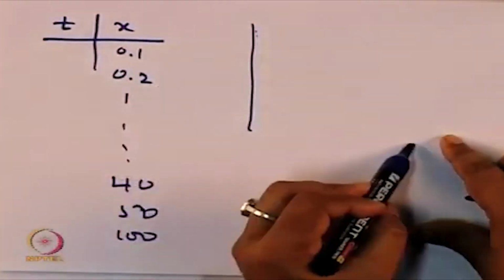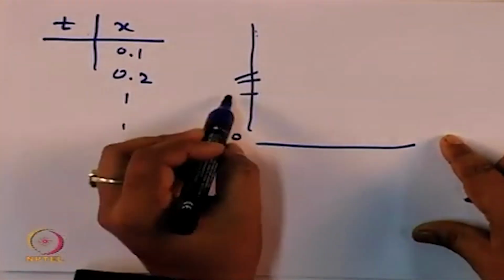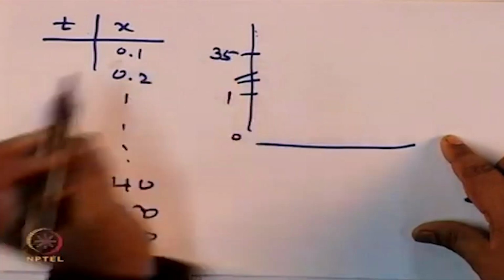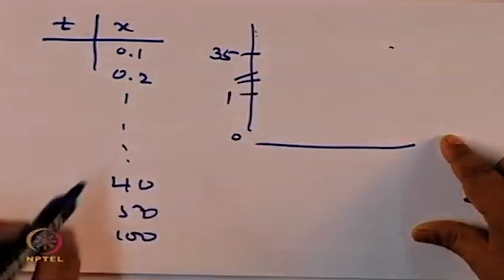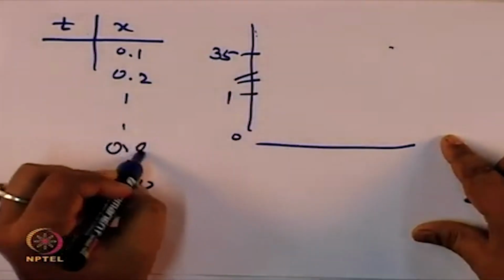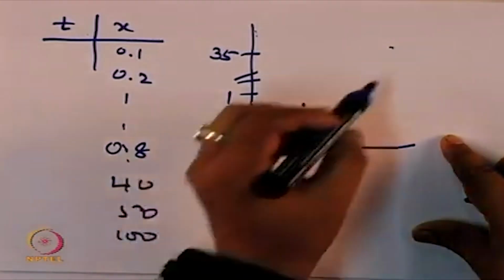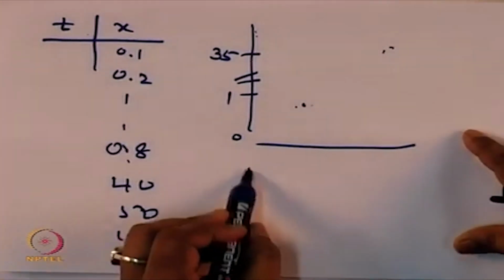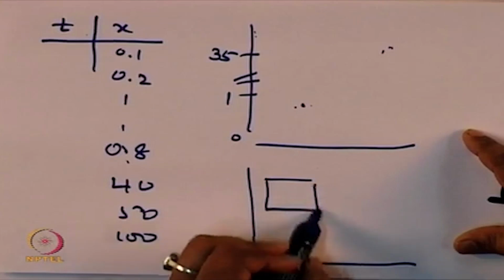What you do is you either insert a break in the axis. So, let us say my 0 to 1 is in one graph, and the next point starts from 35. So, my 40 point will rise somewhere here, and if the largest value is 0.8, it will be somewhere here. So, I can see both these points on the same axis. The alternative to that is to plot over a wider range and show a smaller range as an inset.